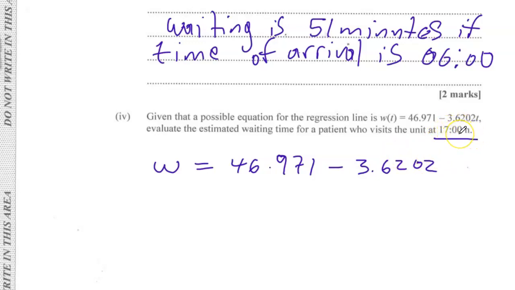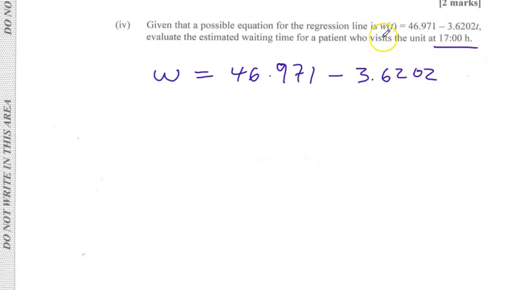1700, that's what? 5 p.m.? How far is 5 p.m. in the afternoon from 6 a.m. in the morning? Alright, so 6 a.m. to 6 midday, that will be 6 hours.